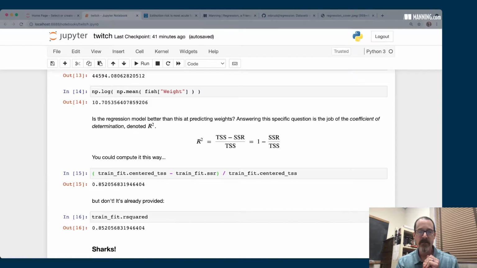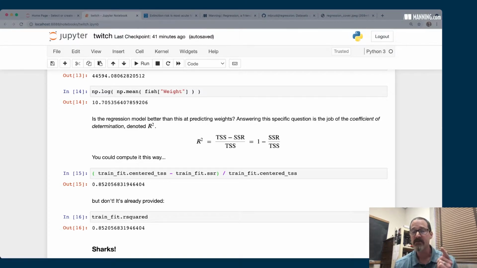Okay, so TSS minus SSR is the absolute reduction in the sum of squares. You divide by TSS to get a proportional reduction. So that number, R squared, really is a percentage. The correlation is not a percentage; the correlation is dimensionless. But the coefficient of determination, R squared, is definitely a percentage, and it's often reported that way.